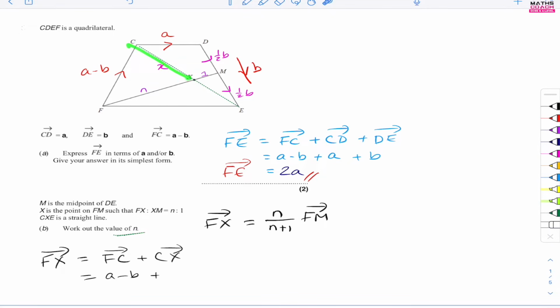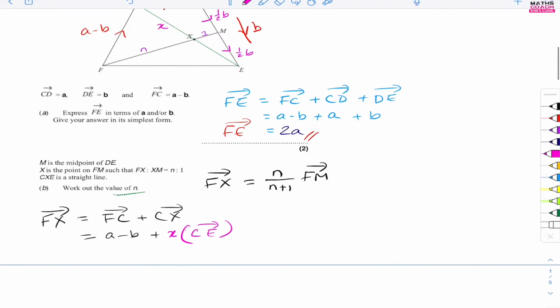We don't need to know the exact full length either, but this x is a portion of that full line. So C to X is x parts of the full vector C to E. And that's what this is there for.